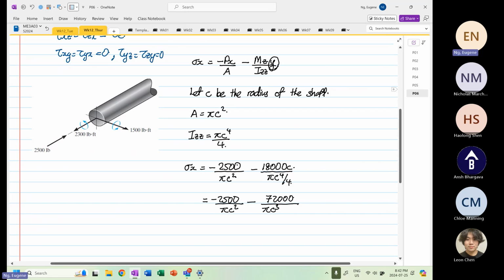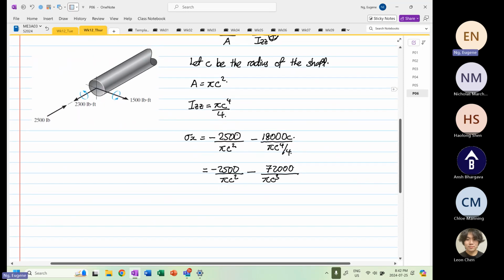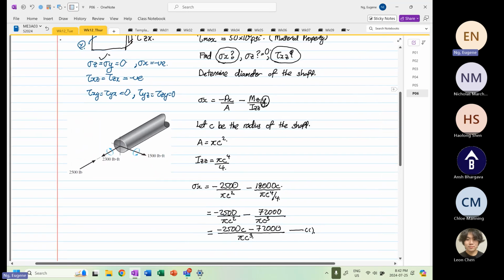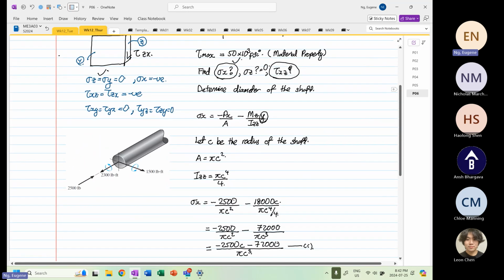I would like to make this have a common denominator, so minus 2500c minus 72,000, and this is divided by pi c cubed. So this is our equation 1. We have identified our stress x.